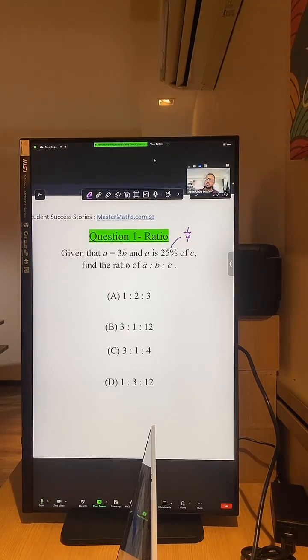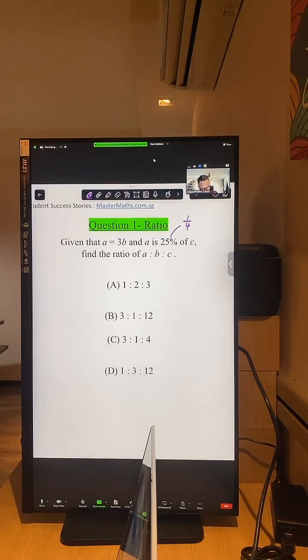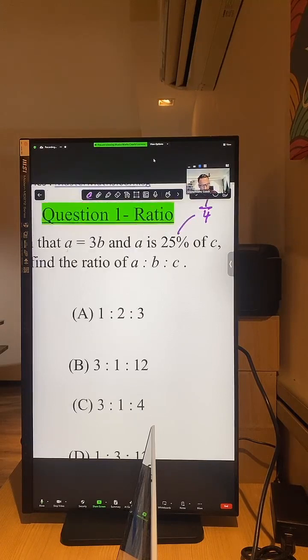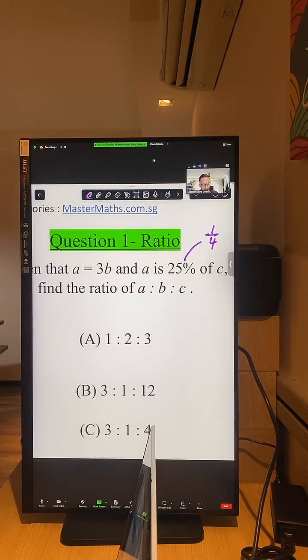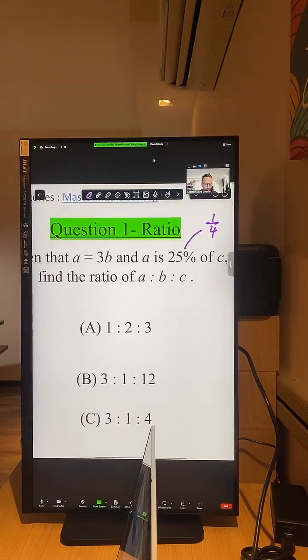Okay, let's see if we can do this. So they say that A equals 3B and A is 25% of C. What is the ratio of A to B to C? Now, there might be a tendency for you to say, if A equals 3B, therefore A is 1 and B is 3, or A is 1 part and B is 3 parts.